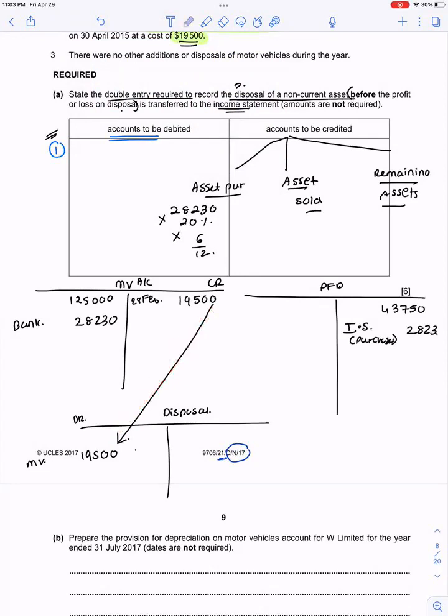The asset disposal account is debited. Which account is credited? Motor vehicle account, the asset account. So the disposal account is debited and the asset account is credited. Both are happening at cost. Are you with me?